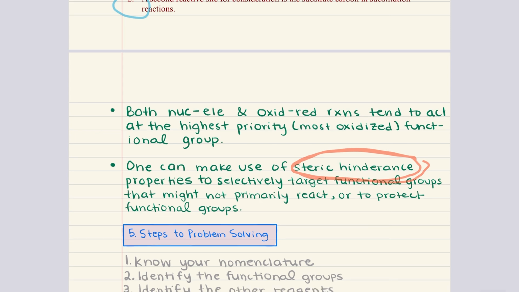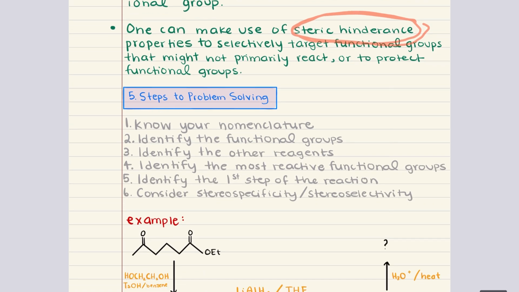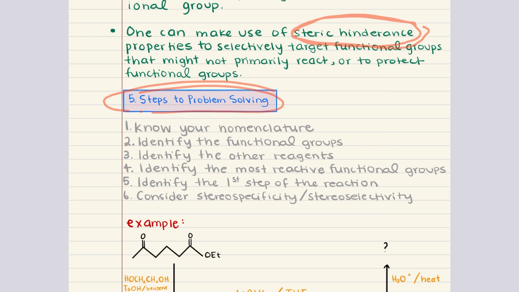Now, building on our discussion of chemoselectivity, we can turn to how we can systematically approach reaction problems. A strong understanding of reactivity and selectivity allows us to predict how different functional groups will behave in a given reaction.